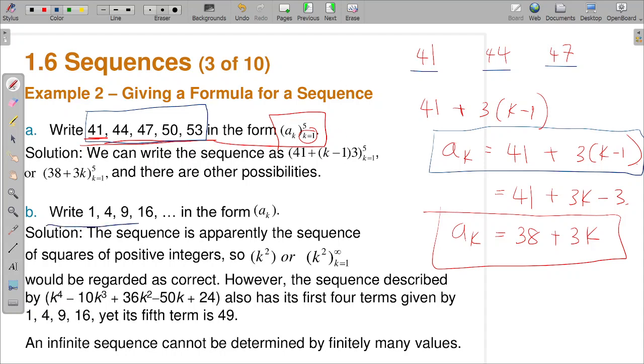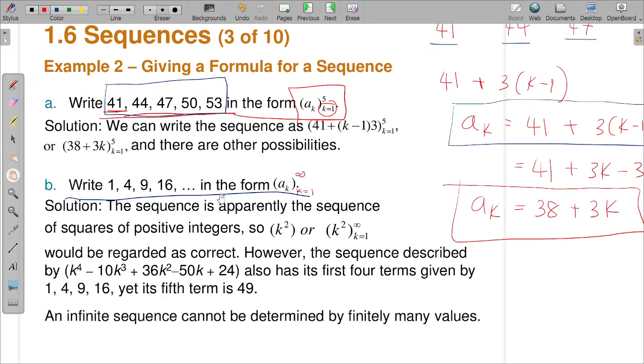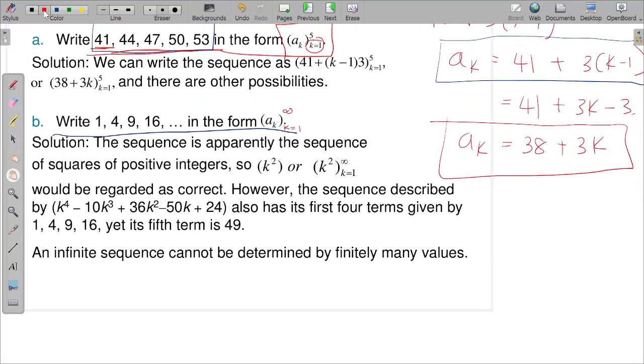Again, if you want to write this in this form, from k equals 1 to infinity, and you want to write it in that form. Now if you look at this one, this is 1, 4, 9, 16.